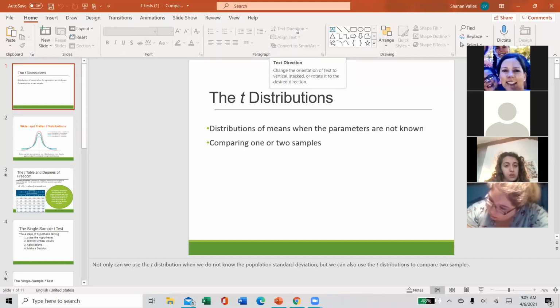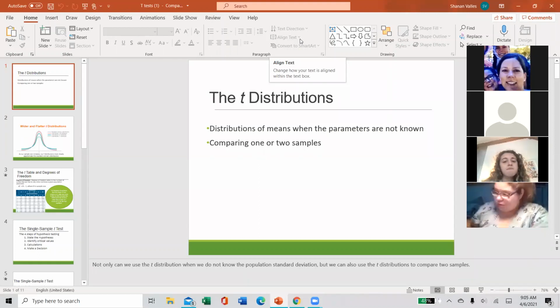So let's see. Like I said, this set of slides that I put up here covers the t distribution, and just to go back over what we talked about last week, so we can remember and reorient ourselves about what it is that we're doing.